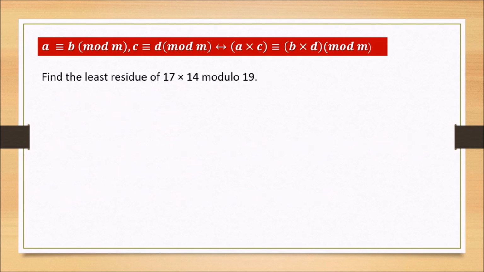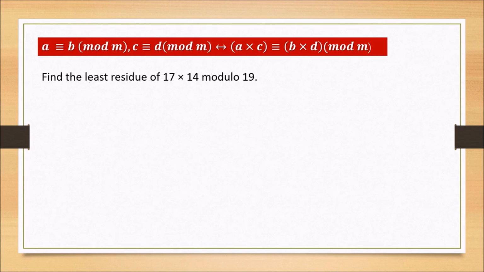Next is the property: if A is congruent to B modulo M, and C is congruent to D modulo M, then the product AC is congruent to the product BD modulo M. So on this property, we'll solve this example.